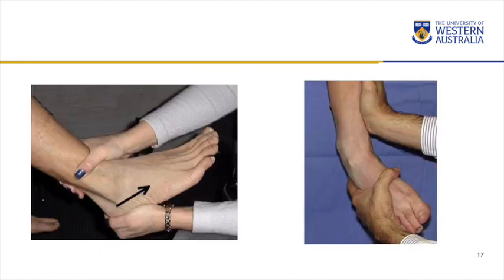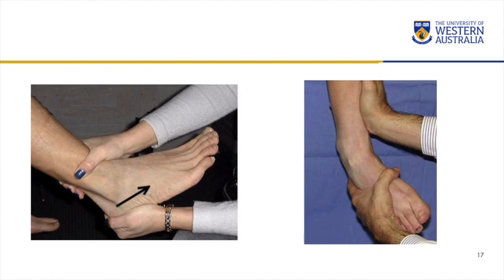Stability is assessed by moving the joints across the normal physiological planes and noting any abnormal clunks or movements. Medial and lateral stability are checked by stressing the ankle first in valgus and then in varus. On the left, you see the anteroposterior draw test.